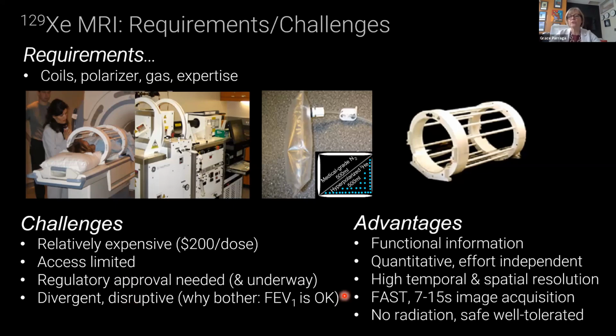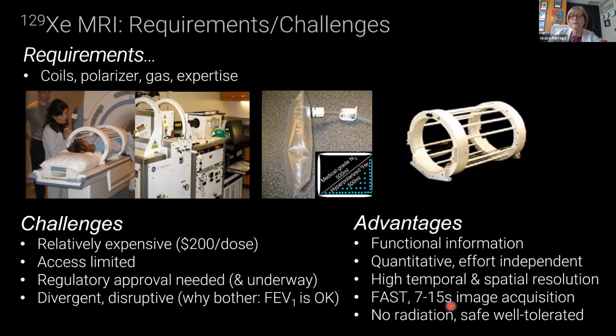The advantages, of course, is that you get real-time functional information. The measurements are quantitative and relatively effort independent because you just take in a breath. There's high temporal and spatial resolution, so this measurement can be repeated every few minutes. And unlike other MR acquisitions that we're accustomed to, these acquisitions are necessarily fast, because as the breath hold takes place and the scanner acquires the images, the gas depolarizes.